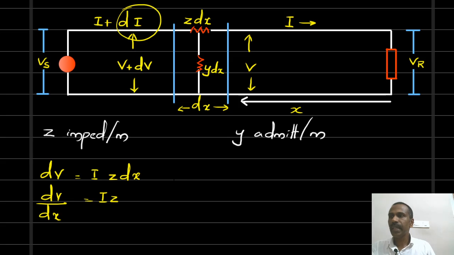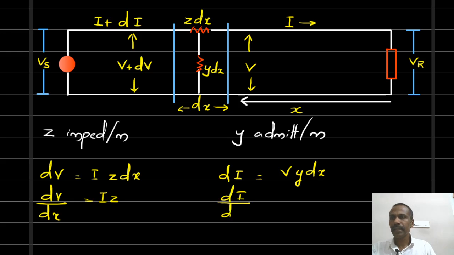Similarly, this dI is the current flowing through this shunt admittance, voltage into admittance of the capacitor, y into dx, or dI divided by dx is equal to V into y.